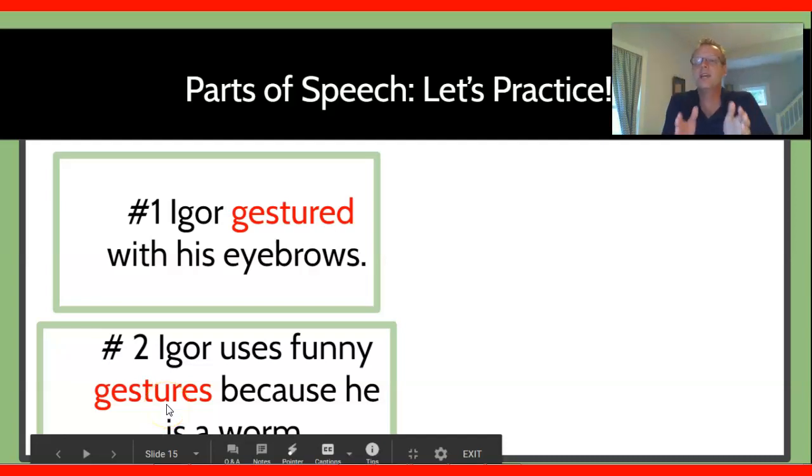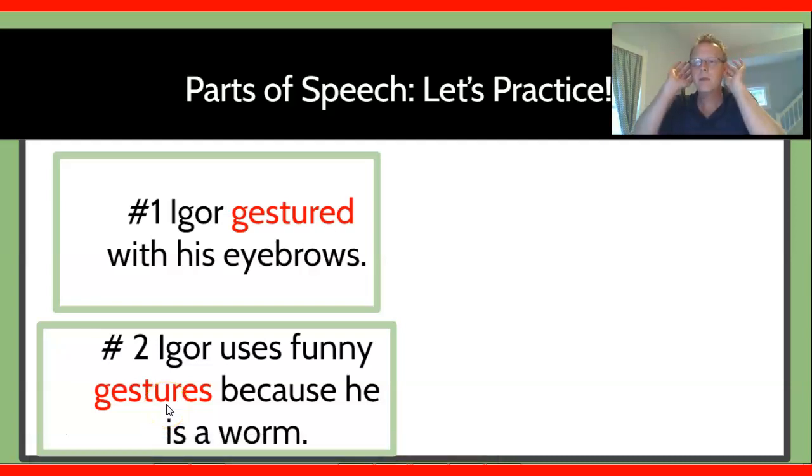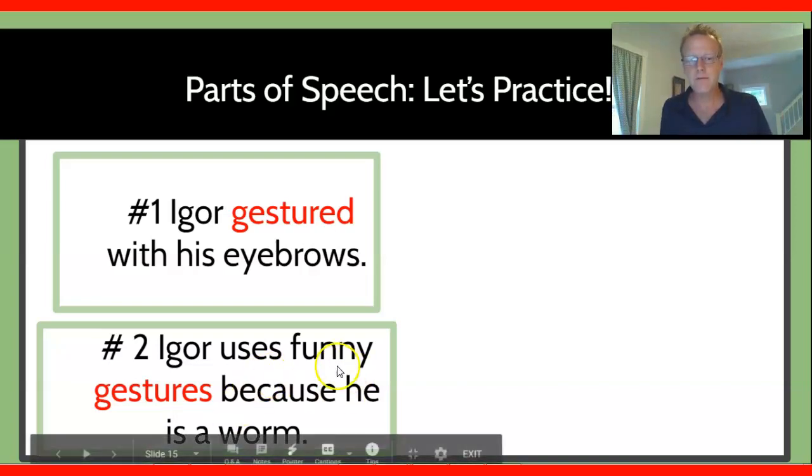Gestures. Gestures is what? It has to be a noun because only a noun can be an object, right? A noun names a person, place, thing, or idea. Gestures is a noun in this sentence. And look, what's in front of it? Funny. What's funny doing? You know what funny is, right?